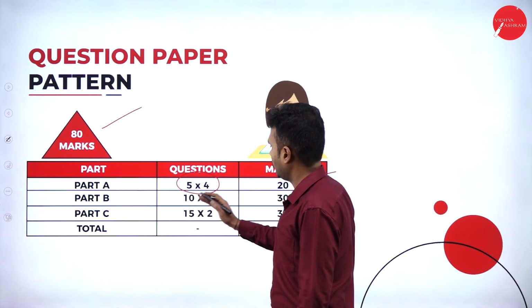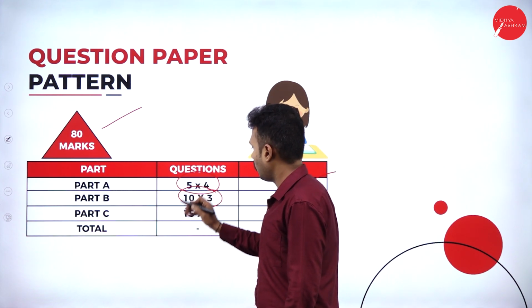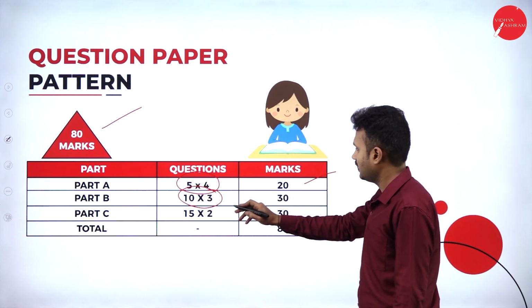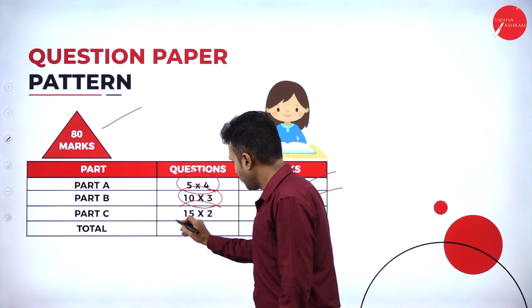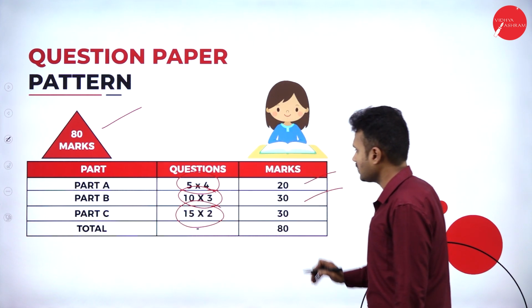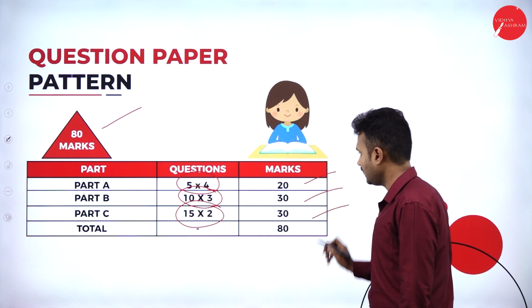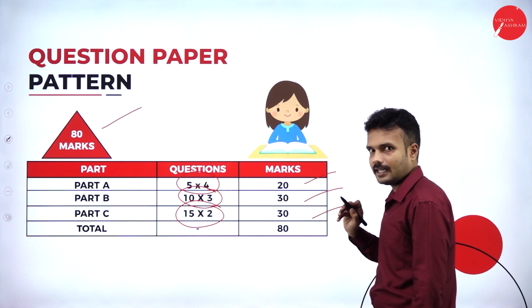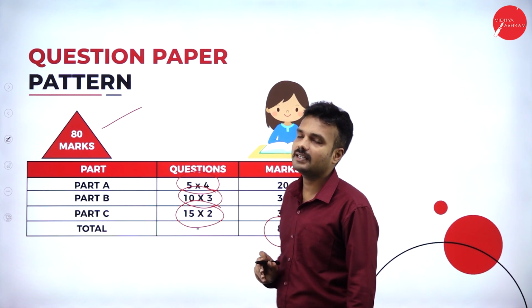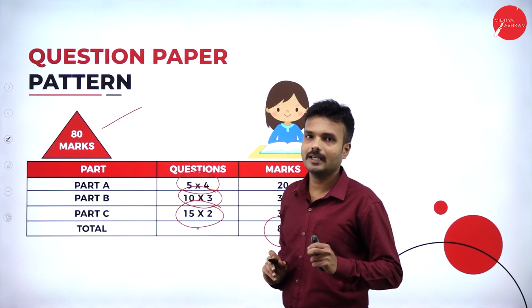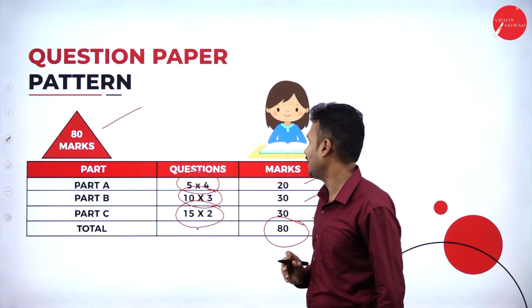In part B, you are going to attend 3 questions of 10 marks, that is 10 threes are 30. In part C, you are going to attend 2 questions of 15 marks, that is 15 twos are 30. 20 plus 30 plus 30 is 80 marks. So your final exam is for 80 marks. You are going to write the exam for 80 marks.